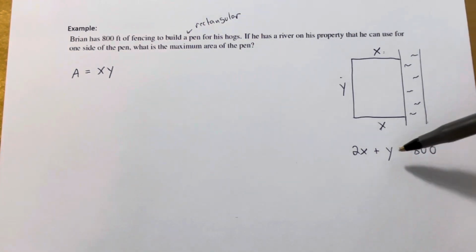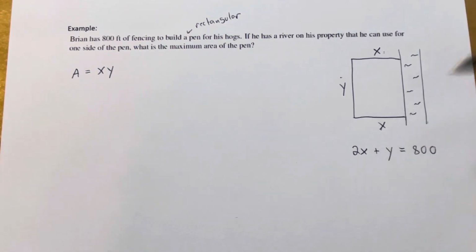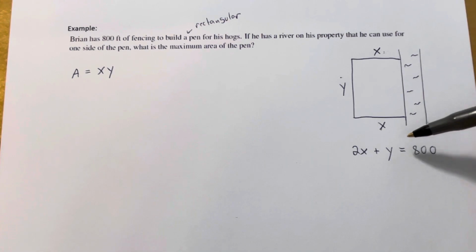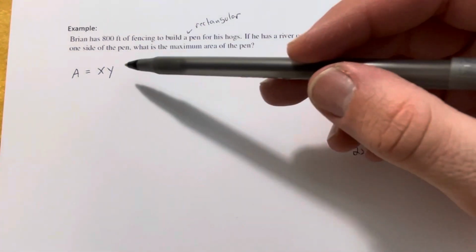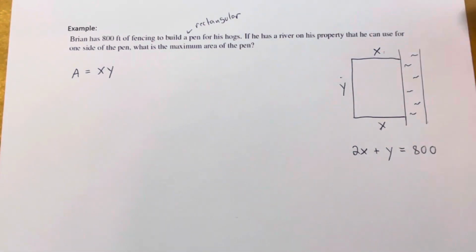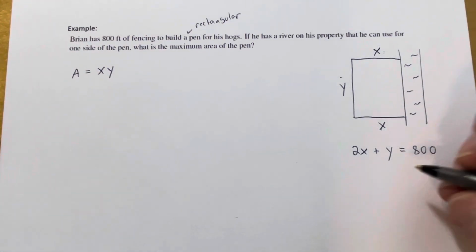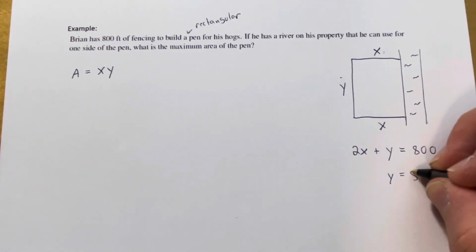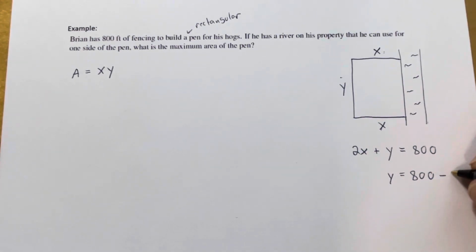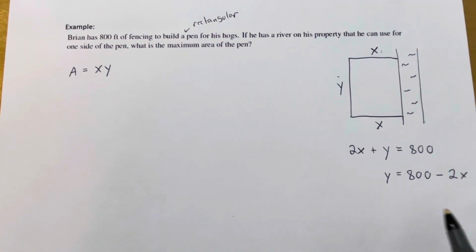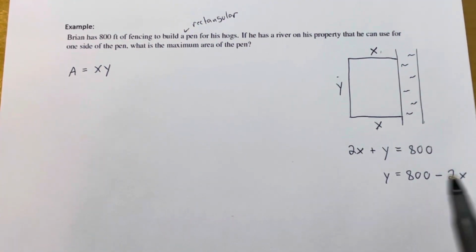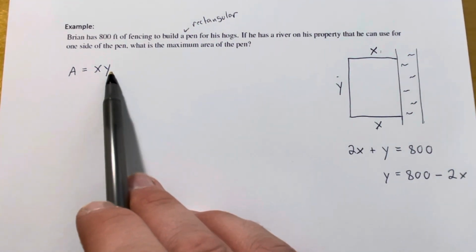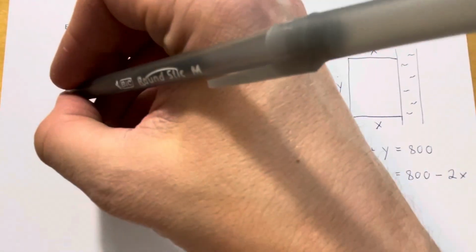I know that x and y are related to each other, and I want to use that relationship to change this into a function with only one variable. The simplest way to do that is to solve this for y. y is equal to 800 minus 2x. That creates a substitution for the y in this function so that everything will now be in terms of x.